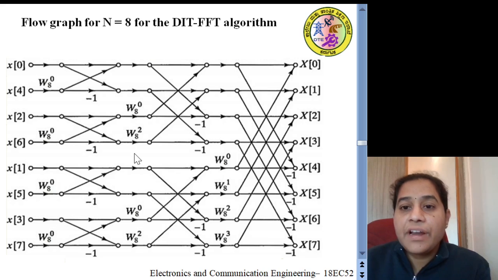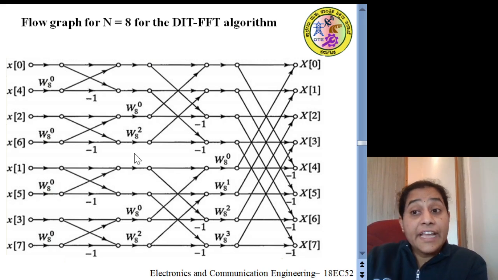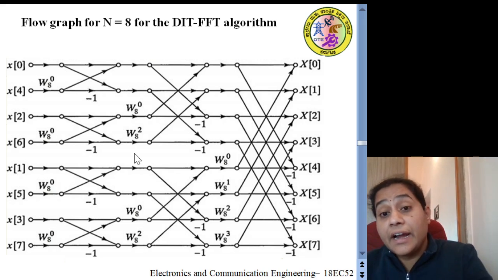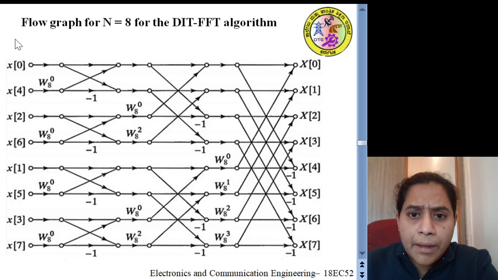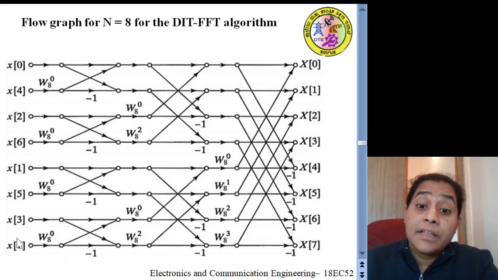So this is the flow graph of the DIT FFT algorithm for finding DFT. You can observe here that it takes the time domain samples in bit reversal order, and the outputs we obtain are in natural order.